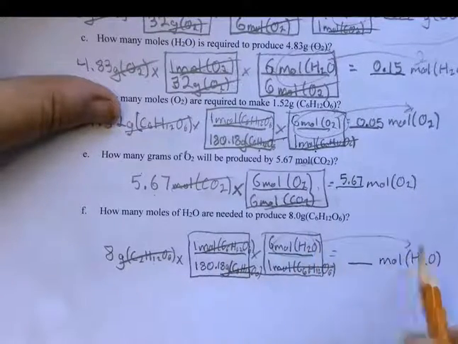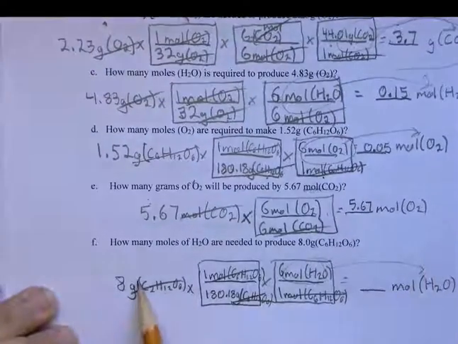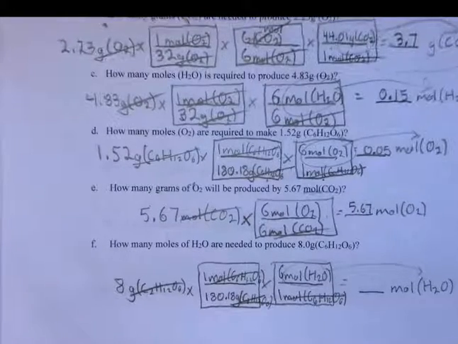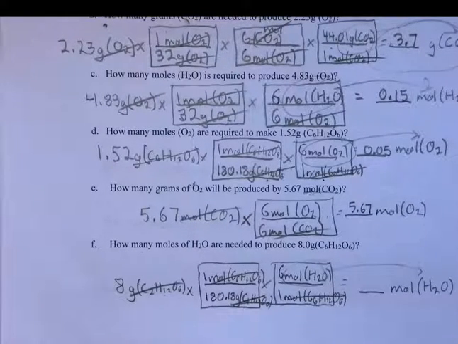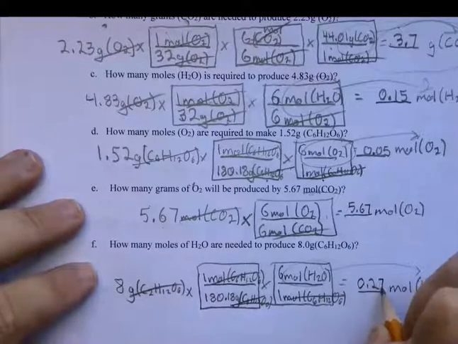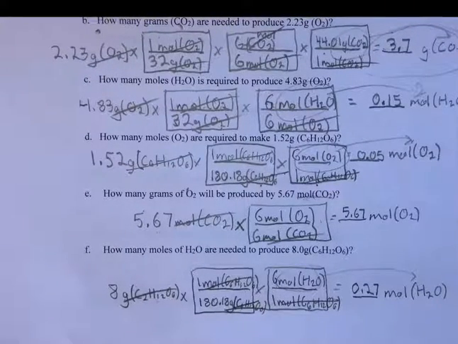Last man standing is moles of H2O. Okay, so it is 8 times 1 times 6 divided by 1 divided by 180.18. And what that gives us is 0.27. Okay, there you go. And that takes care of this photosynthesis reaction.